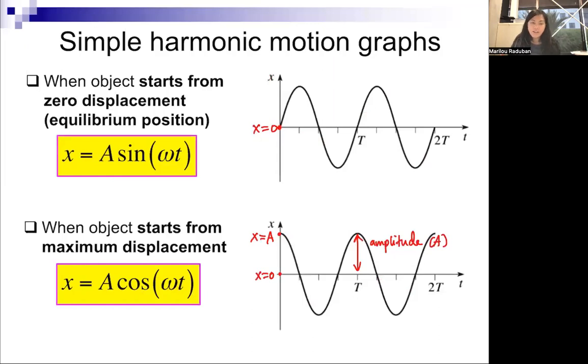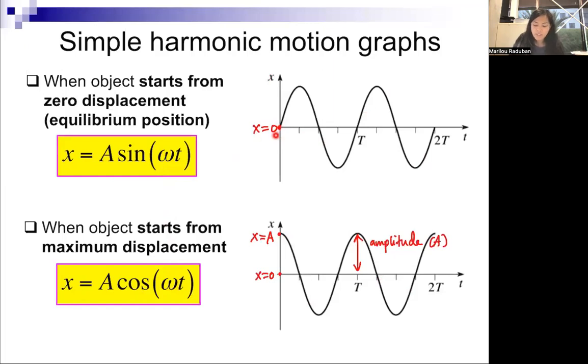All right. Yeah, the biggest confusion I usually find students making historically is not knowing which equation to use. Okay, but which equation to use really depends on where the object started oscillating from.